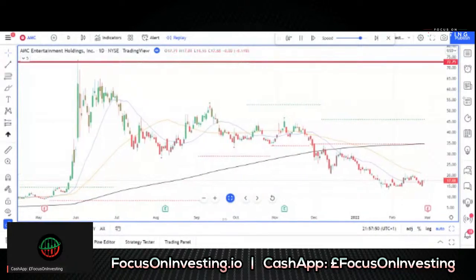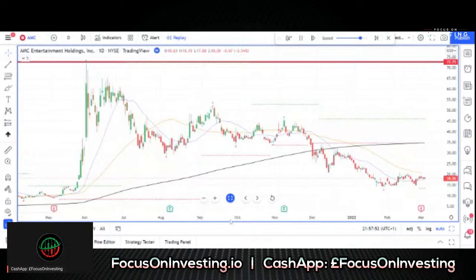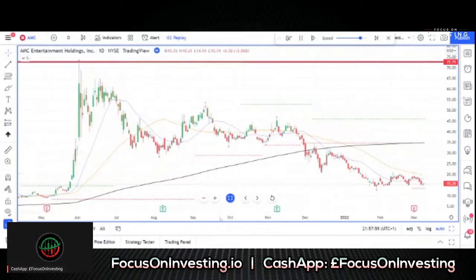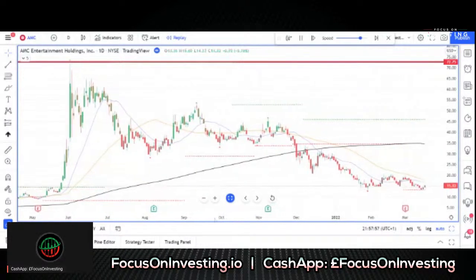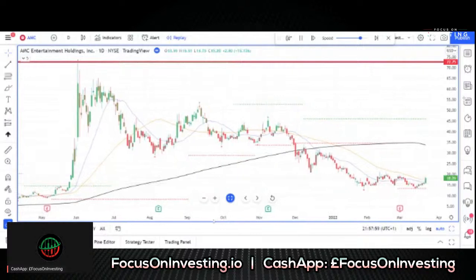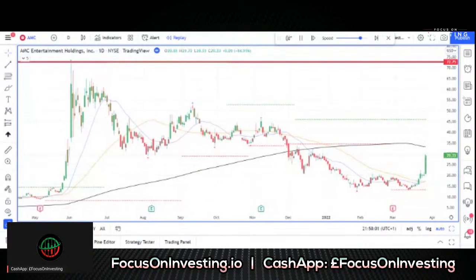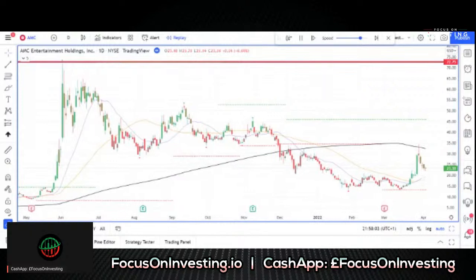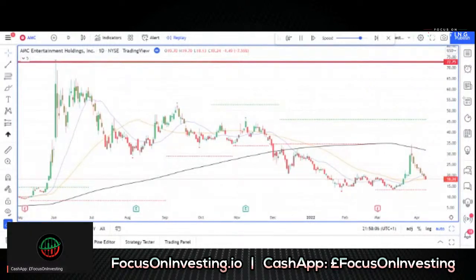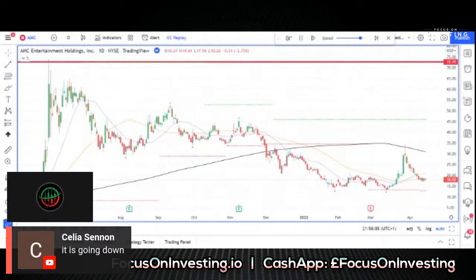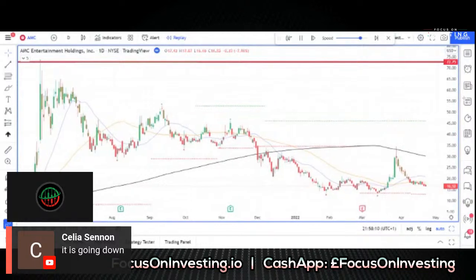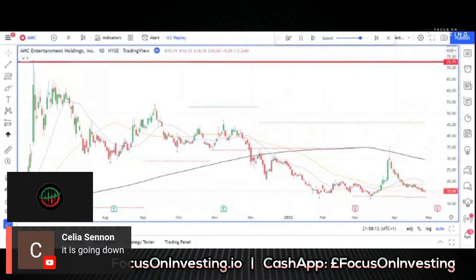This is the price of AMC over time. Over time, is the price going up or is the price going down? As young Jock would say, it's going down.